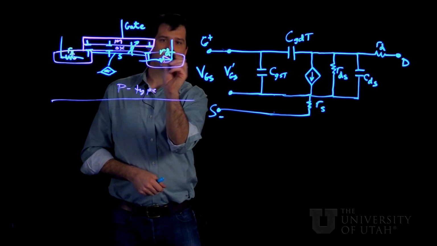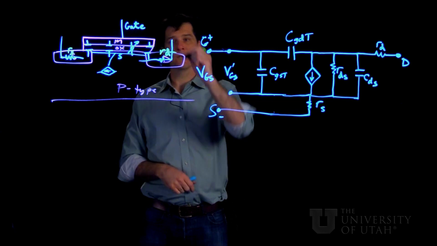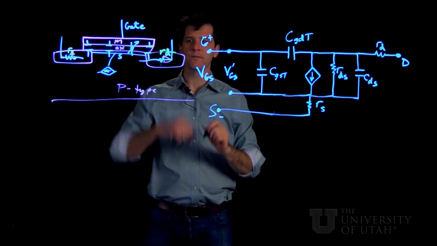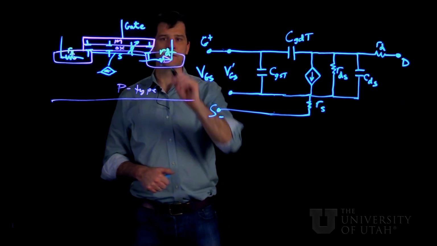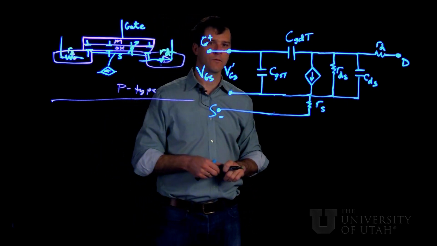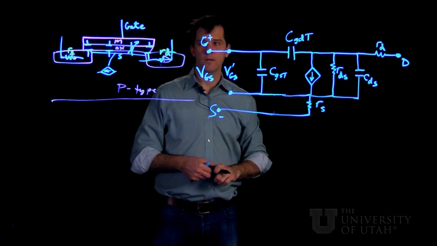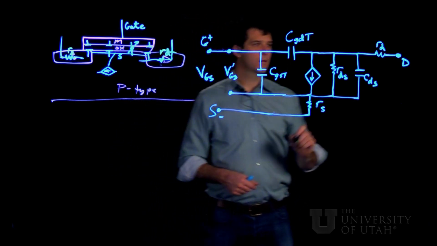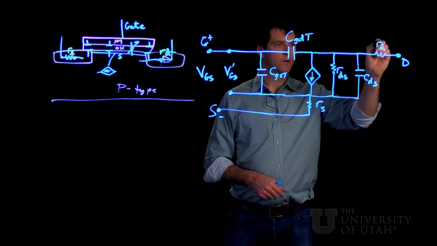But then also remember that there's a specific contact resistance whenever you put a metal in contact with a semiconductor. So this interface can also contribute to this lumped drain or source resistance. It turns out that the drain resistance is the more important one here.